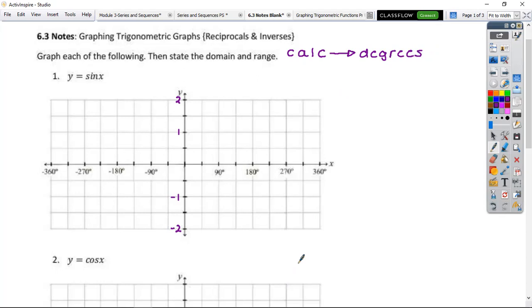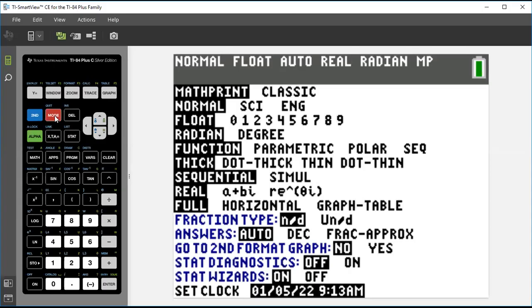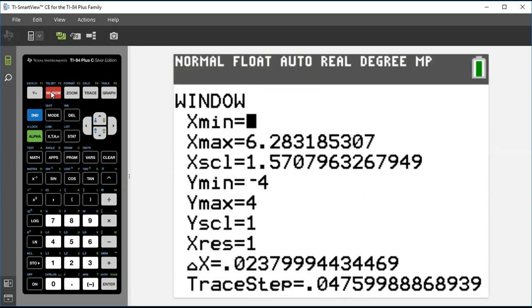So the first thing I'm immediately going to check for in my calculator is the mode. And if your calculator is currently in radians, which if you borrowed one from the back of the room, it most likely is, you need to change it at this time into degrees. Now I'm going to go to the window. We've done this before.